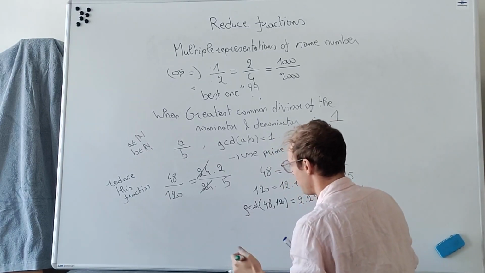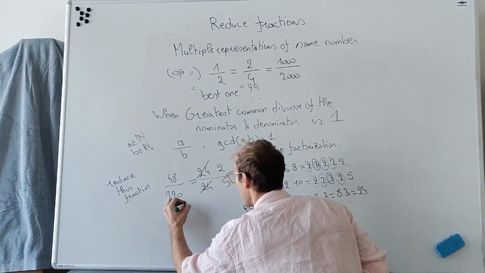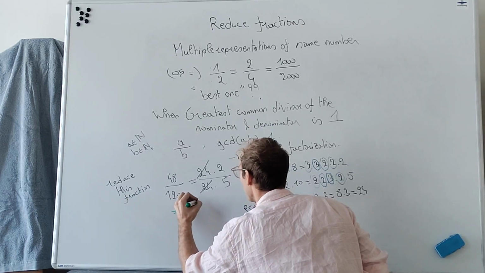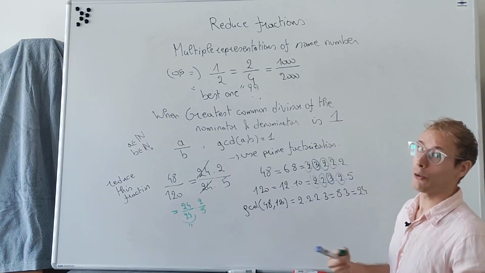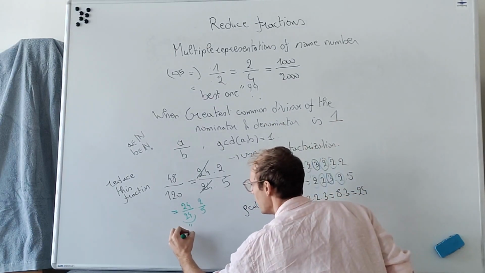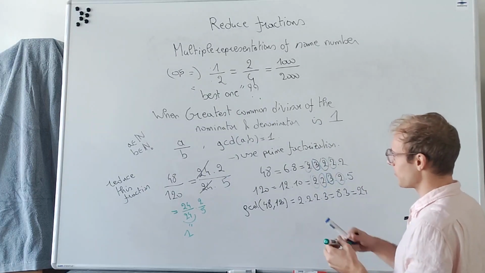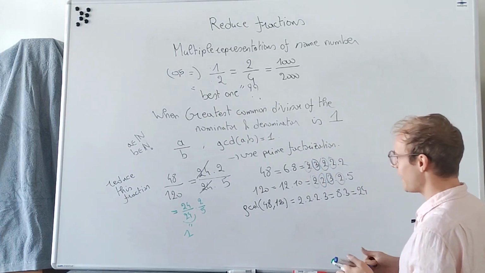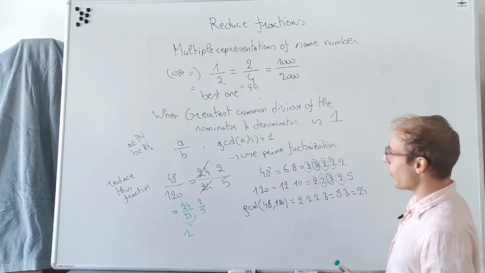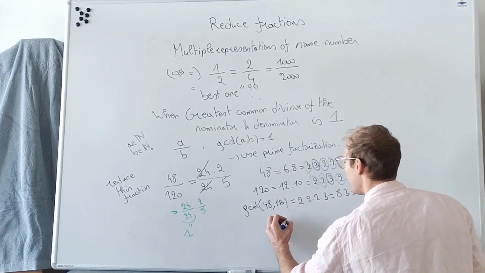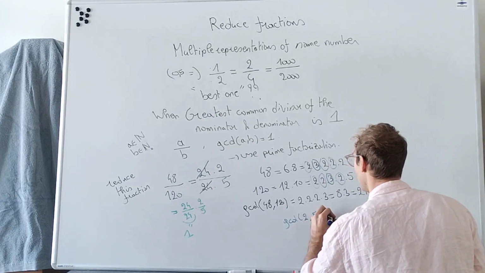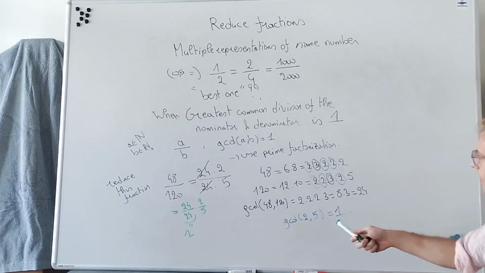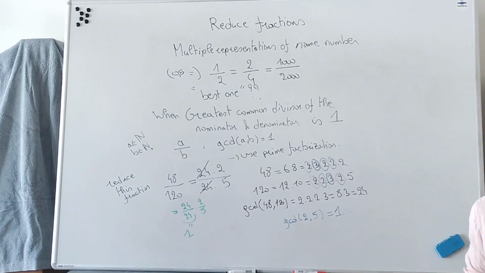If you really want to remember it, we can write this as 24 divided by 24 times 2 out of 5. And 24 divided into 24 equal parts, so every part is 1. So this is really just 1 times 2 out of 5. And 2 out of 5, of course, what is the greatest common divisor of 2 and 5? It equals 1, because they don't have prime factors in common. The only prime factors are 2 and 5, and they're different.